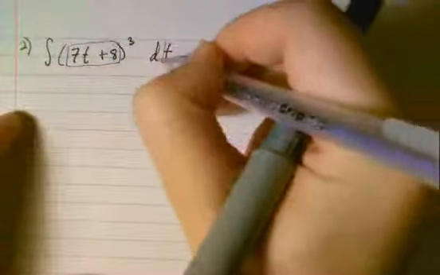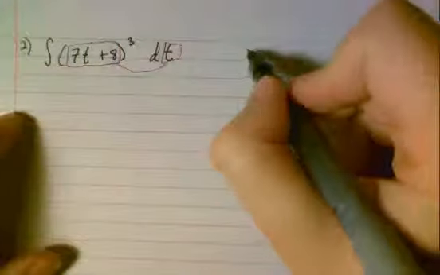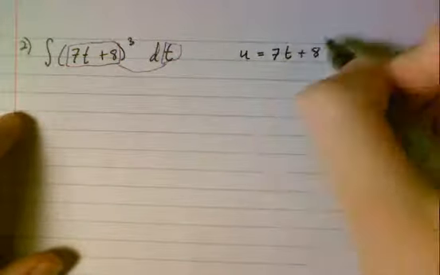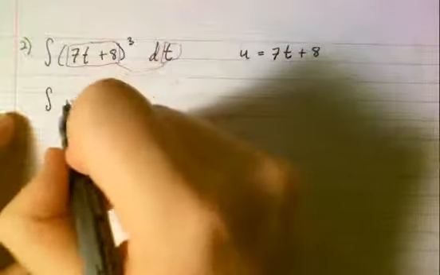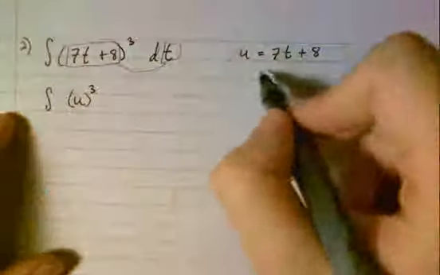So we need this and this to match exactly. So I'm going to take what's in the box and I'm going to let that be u. And so I can substitute in that u to the 3rd.